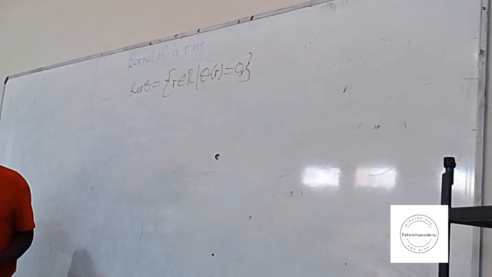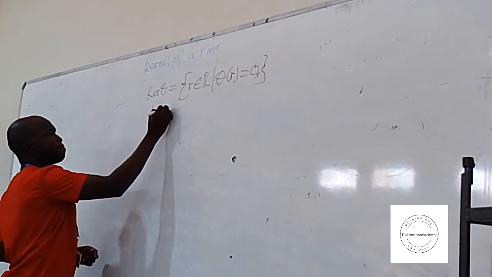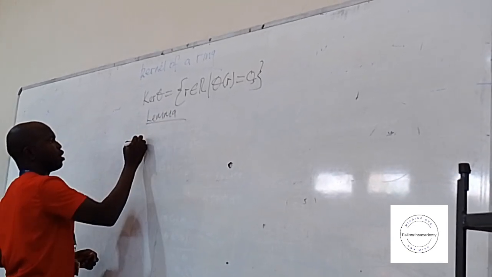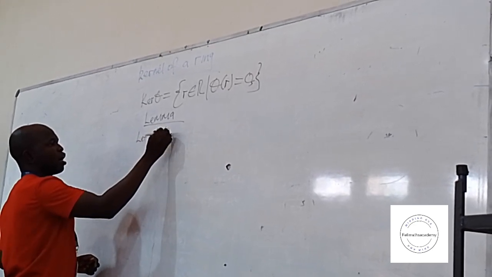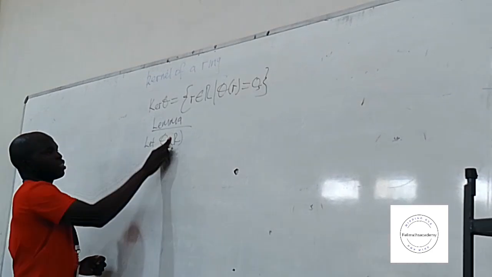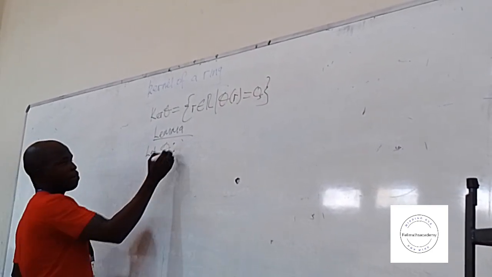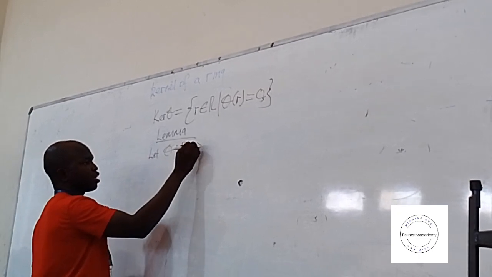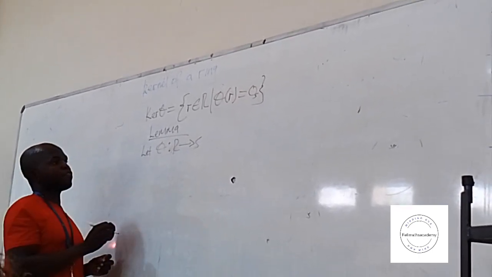Let theta from R mapped to S be a ring homomorphism.